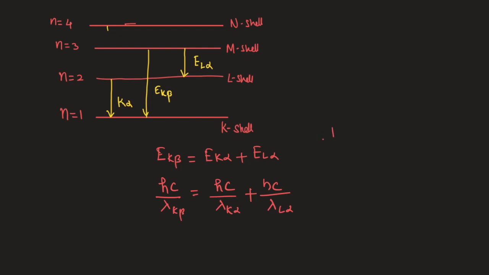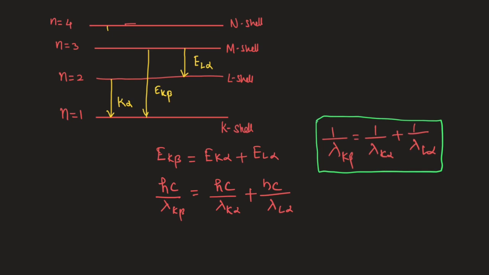It means 1 by lambda K beta is equal to 1 by lambda K alpha plus 1 by lambda L alpha. So this is the relation we can derive in this transition.